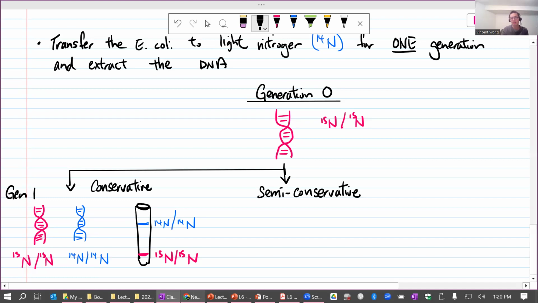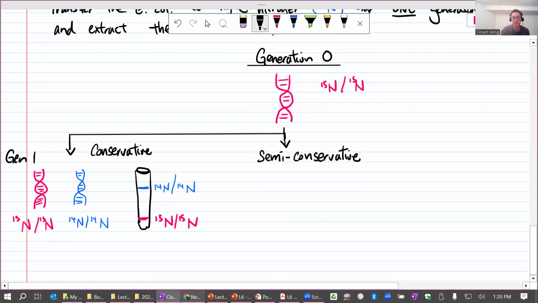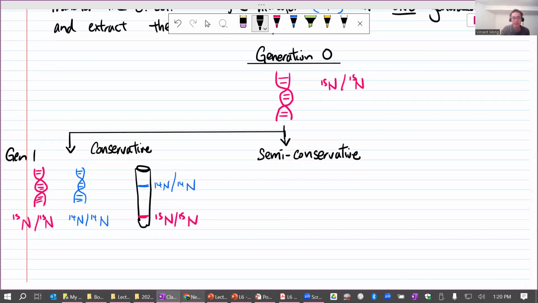What does semi-conservative mean? Well, it means you're gonna have to separate the DNA strands, and then you will build the other half, right? Using complementary rules. A goes with T, C goes with G. But I only have N14 available.